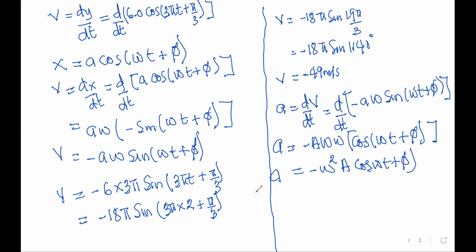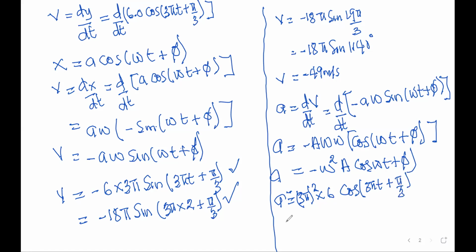And when we compare it to our velocity function, it means that the acceleration equation will be negative the square of the angular velocity, which is 3 pi squared, times the amplitude. The amplitude is 6. Please, who is here, mute yourself if you haven't muted. Times the cosine of the same thing, 3 pi t plus pi on 3.